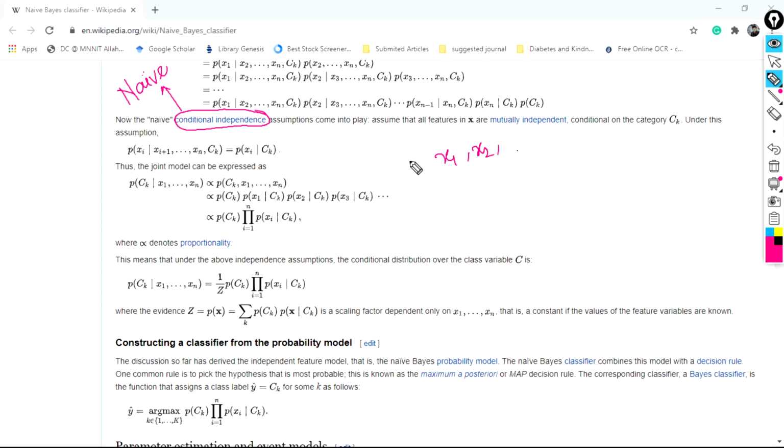As in the previous example, we have four features f1, f2, f3, f4. These features are mutually independent, meaning any pair of features fi and fj are independent.